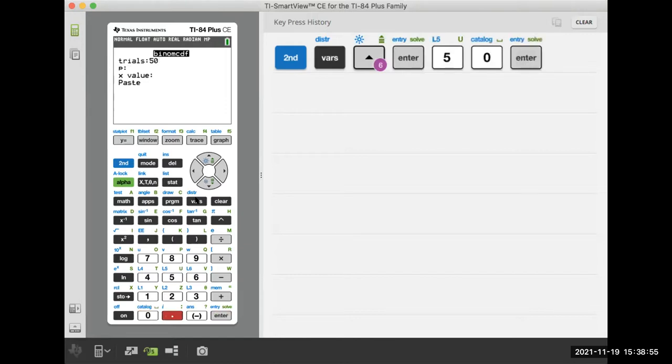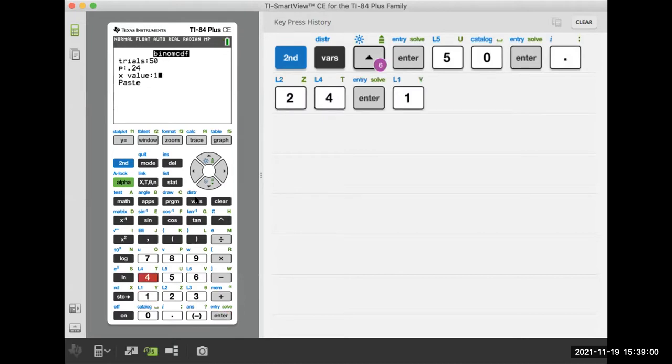P is 0.24. And X is 14. CDF, good. And so I get 0.79873118 37.